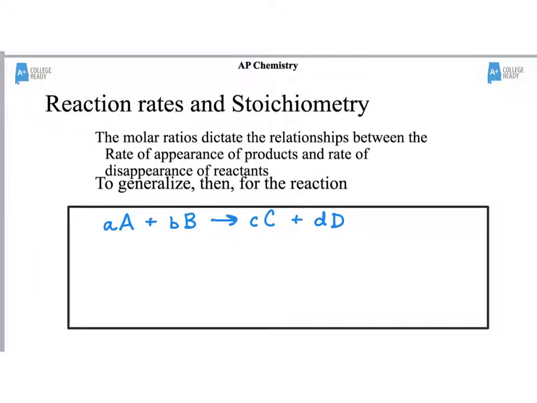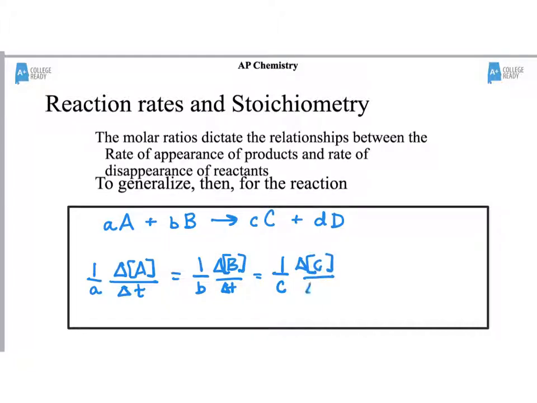What's their mathematical relationship? 1 over little a times the rate of A is equal to 1 over little b times the rate of B, equal to 1 over little c times the rate of C, and 1 over little d times the rate of D.